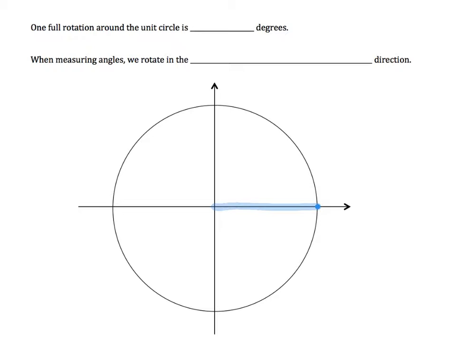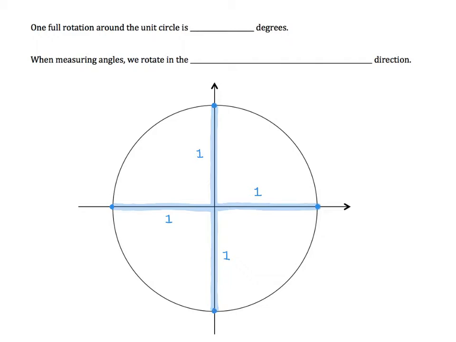If this is a radius, right? This is also a radius, right? All of these lines from the origin to the edge of our circle are a radius, so all of these have a length of 1. So if we know that, we can start to assign some coordinates to these points on the circle.